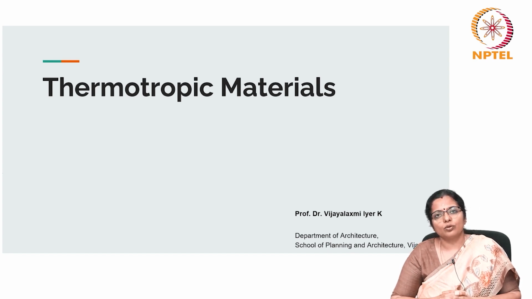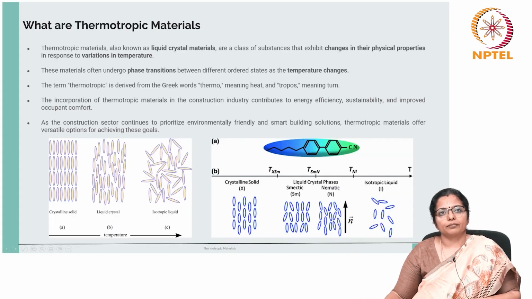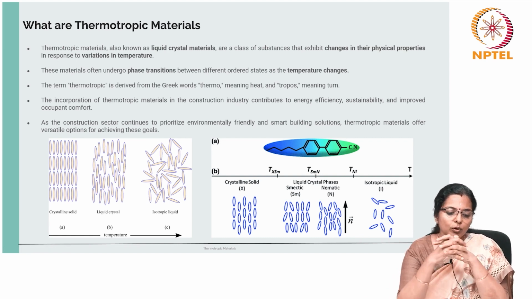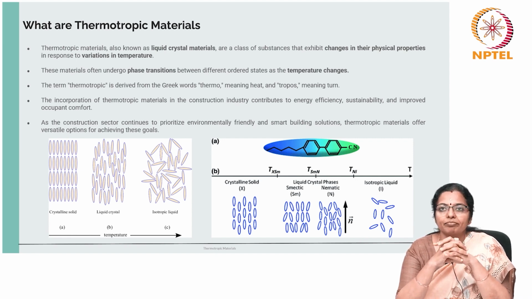I expect this to be a shorter class considering our previous class was a little longer. So today we will see what are thermotropic materials. Thermotropic materials are also known as liquid crystal materials.